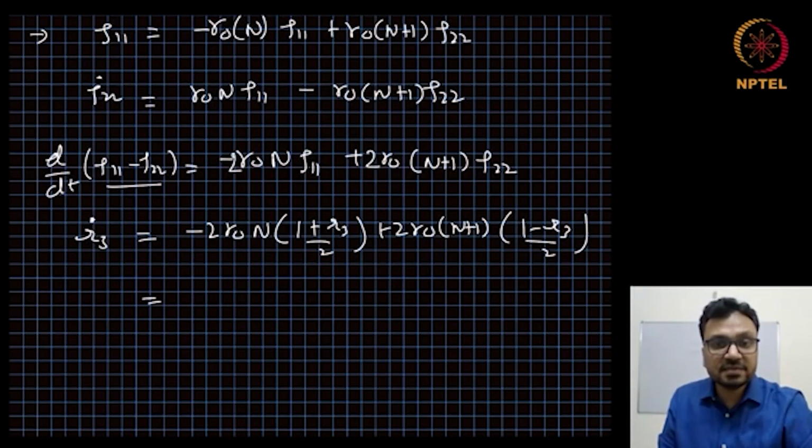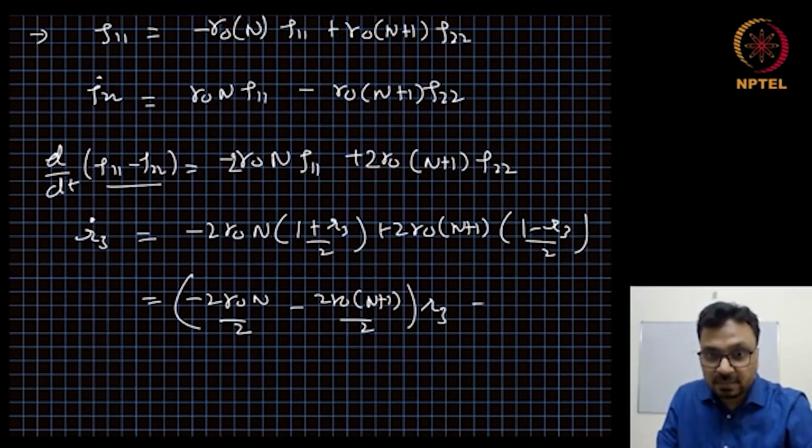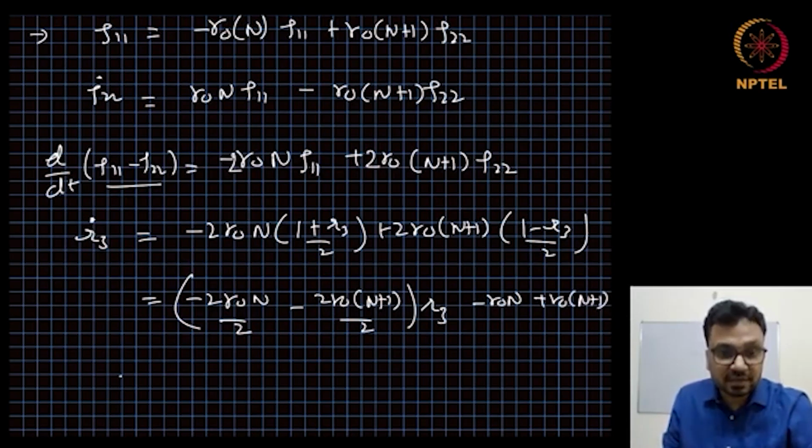From here we can collect the terms which contain R3 and which do not contain R3. So we get minus 2 gamma naught n over 2 from here, and from here we get minus 2 gamma naught (n plus 1) over 2 for R3, and we get minus gamma naught n plus gamma naught (n plus 1), which are independent of R3.